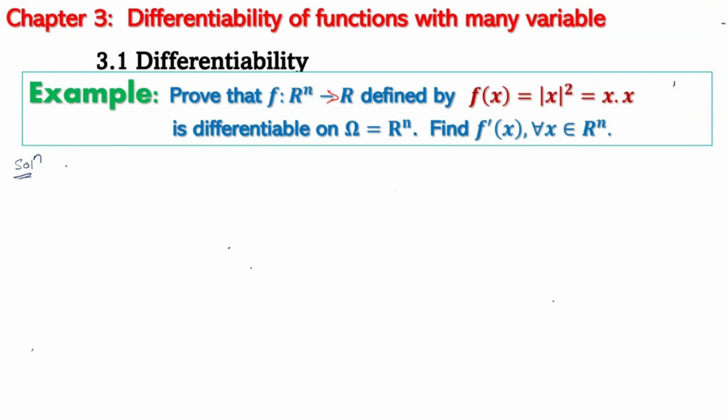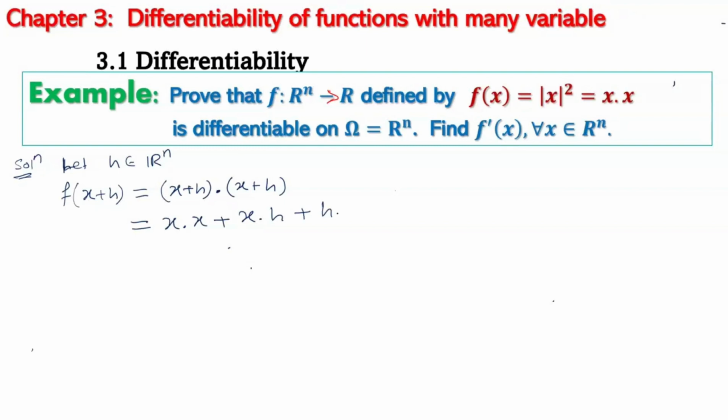Let h belong to Rn, then f of x plus h is equal to x plus h dot x plus h. By the distributive property of the dot product, we can write it as x dot x plus x dot h plus h dot x plus h dot h.